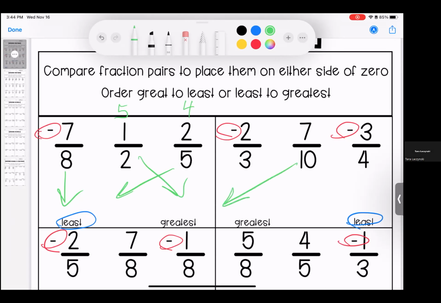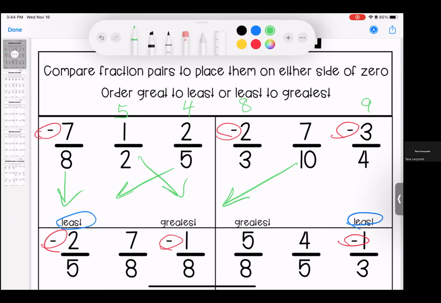Now, here is a tip. I can cross multiply to compare them, 2/3 and 3/4. 3 and 3 is 9, 4 and 2 is 8. So 3/4 is greater than 2/3 when it's positive.